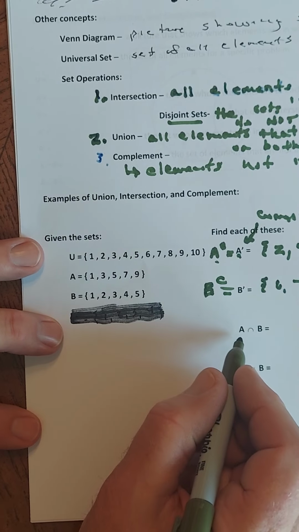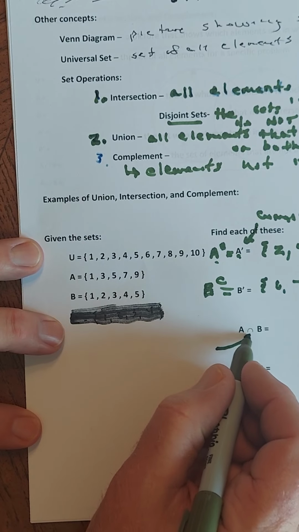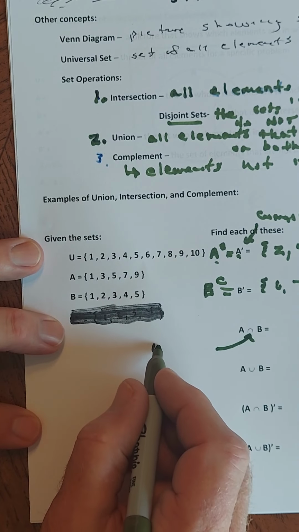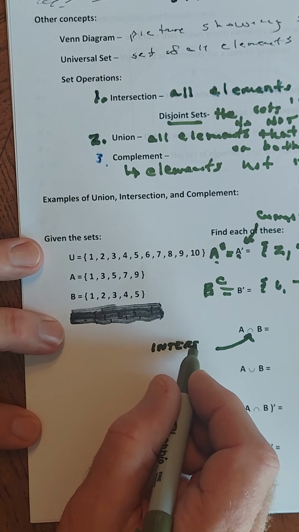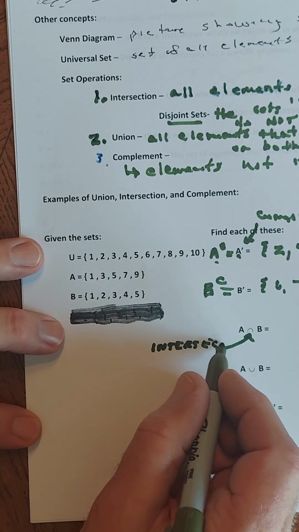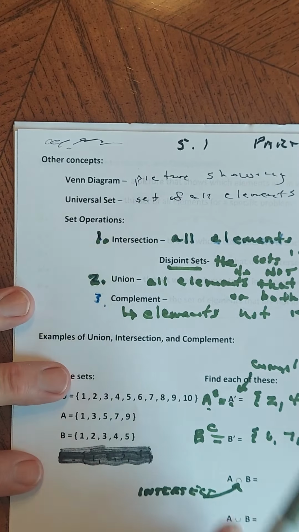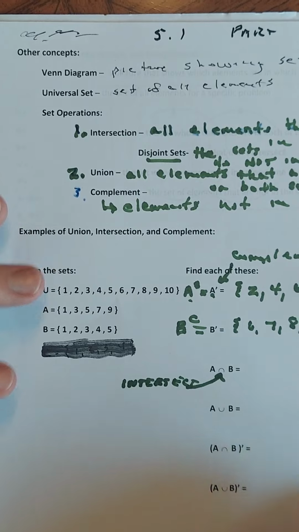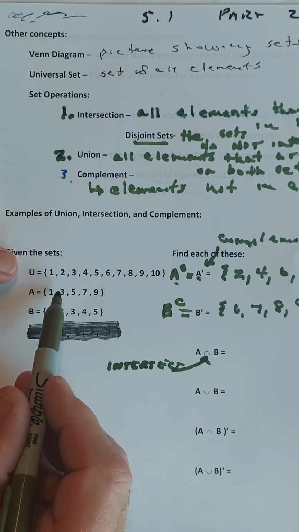Okay, next up. A, and see this symbol right in here? That means intersect. So A intersect B. And you'll remember from what I set up on top, the intersection means it has to be in the two sets. So when I look at these two, I'm going to say, well, what do they have in common?